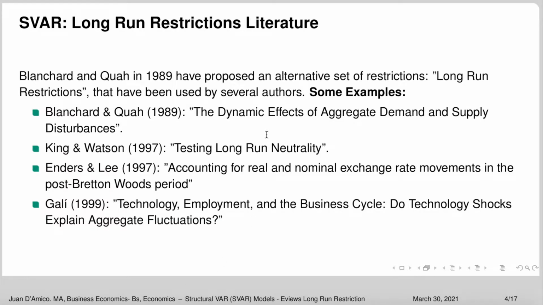Let's review some of the literature using long run restrictions. We have to mention that Blanchard and Quah in 1989 proposed this alternative set of restrictions, the long run restrictions, that have been used by several authors.